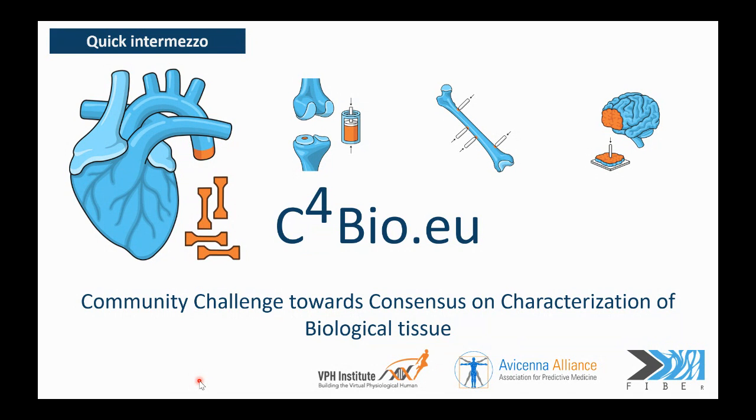And so we launched this initiative, which we call C4 Bio, so a community challenge towards consensus on characterization of biological tissue. And we decided to start very simple. So we're currently running a test campaign on how to do a simple uniaxial tensile test on aortic tissue.